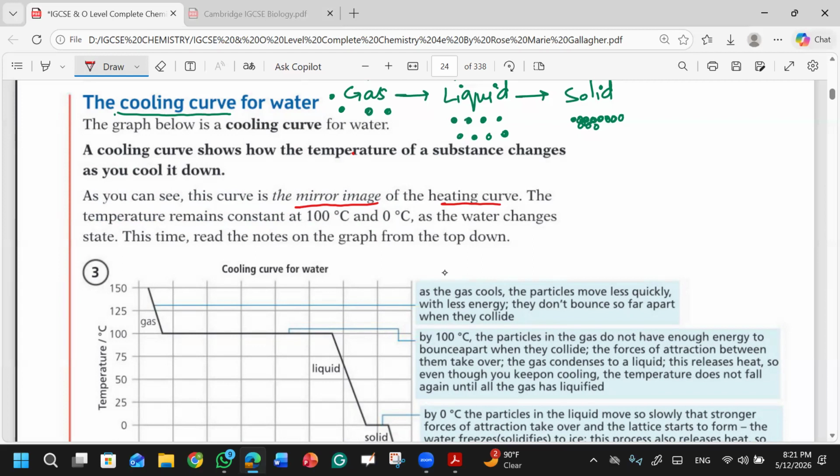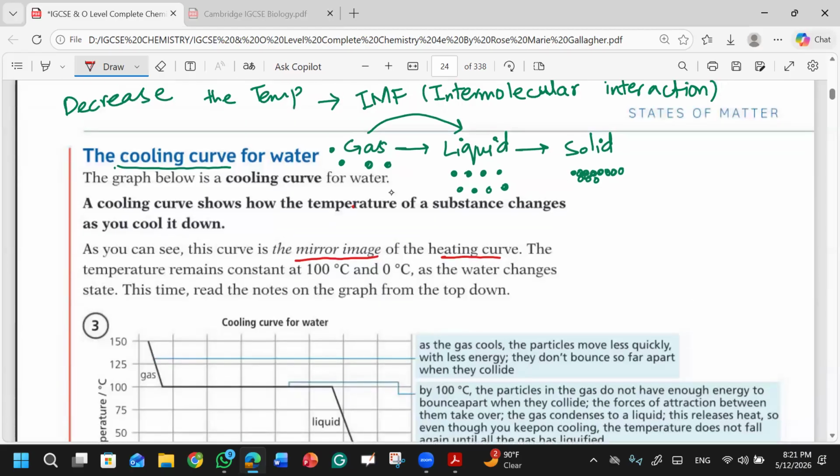You have a gas, you are decreasing its temperature. Why are we decreasing the temperature? To increase the intermolecular interactions, so that we can get liquid. And then by further decreasing the temperature, if you have a liquid, you will get solid, because when you decrease the temperature, the interactions will increase.